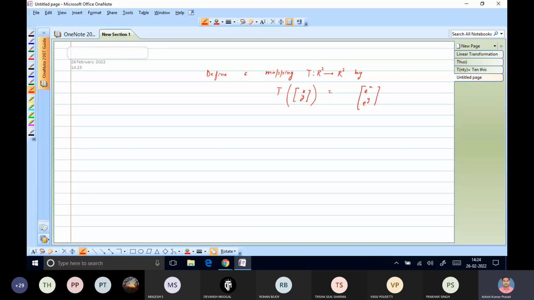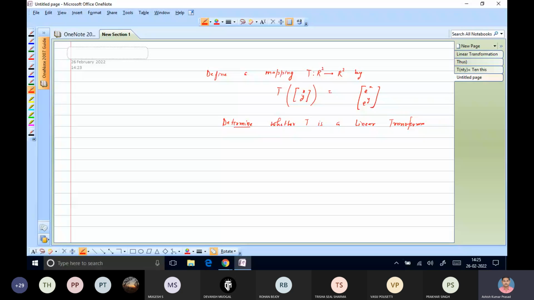Ordered pair of numbers defined by this. Determine whether T is a linear transformation.